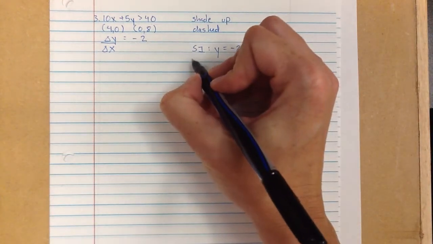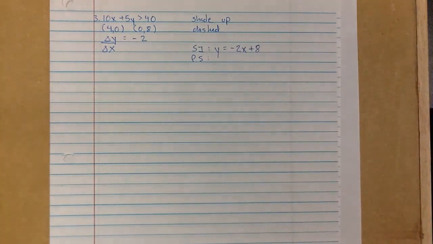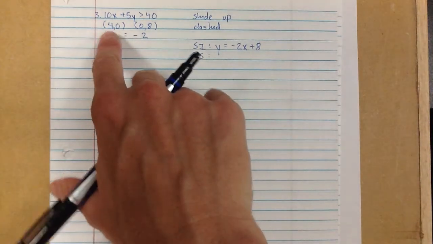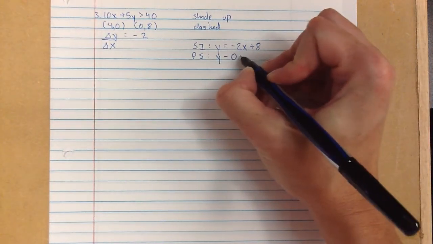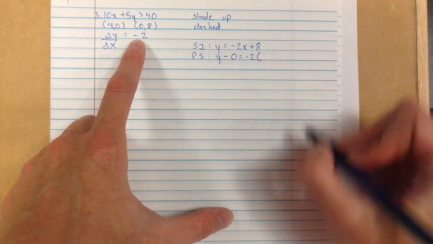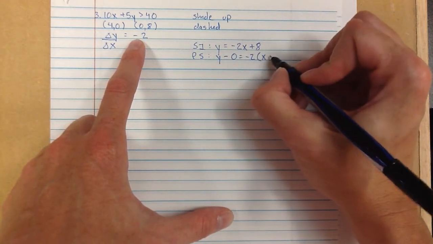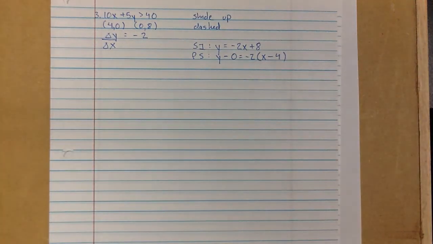Could you put it in point slope form? Okay, y minus y1. I'm going to use this one. So y minus y1, y minus 0 equals m, negative 2, times x minus x1. So there's your slope-intercept and point slope, and you really didn't have to do a whole lot of math.